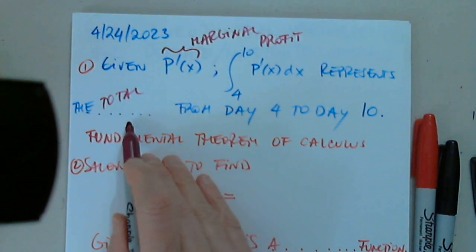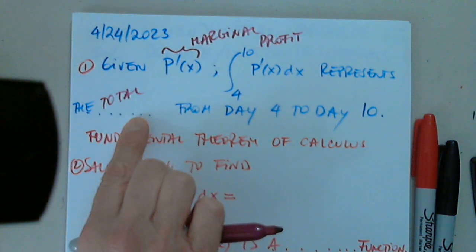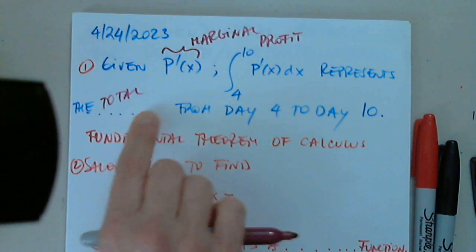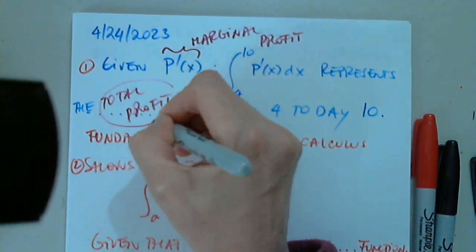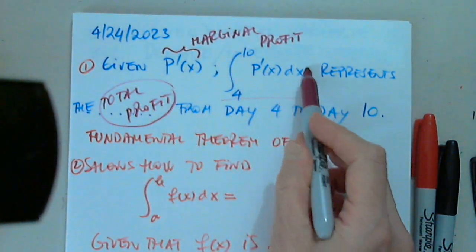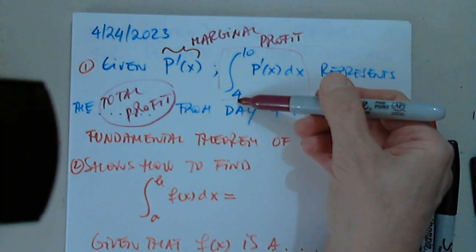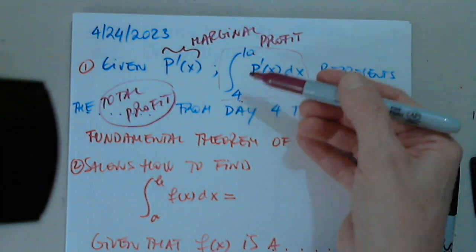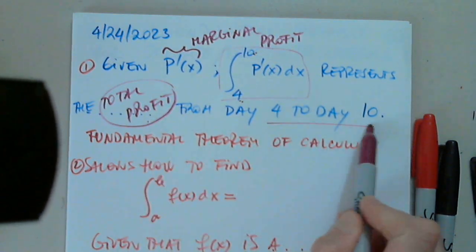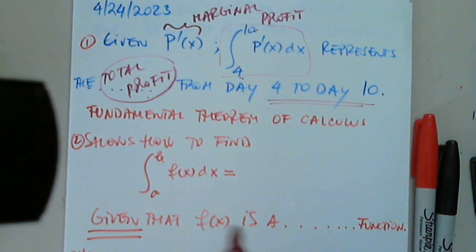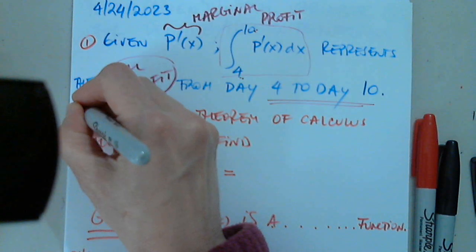The total revenue. Revenue. Oh, profit. That's it. Indeed, the integral from day 4 to day 10, or month 4 to month 10, year 4 to year 10, it doesn't matter, is the total profit. Excellent.